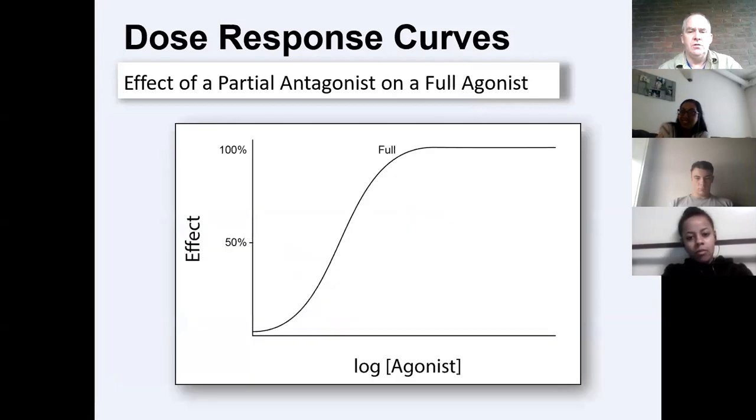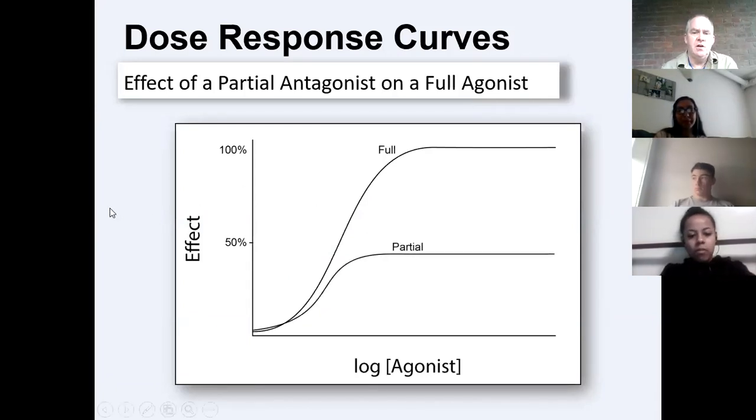So here's your dose response of a full agonist. Okay, you've got 100% maximal response. And there's your partial agonist. Okay, you can only get like 40% response with this partial agonist. So let's say we're doing a whole other experiment, different curve.